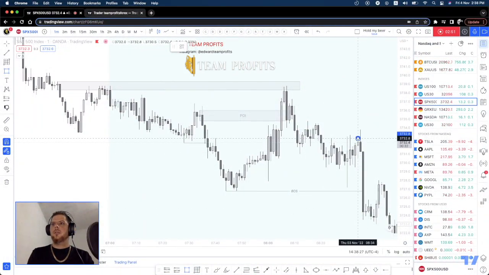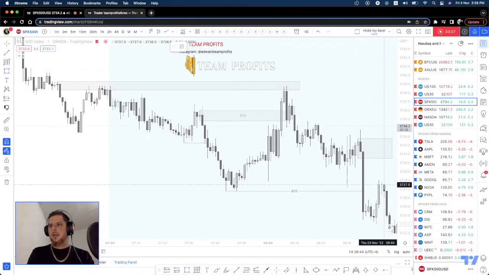So right here, there are plenty of ways. Different people draw it different ways. You can draw the order block here from this candle, or take the order block from this candle, right? Let's say you took it that way. On that drop, you see we had the drop, but there's no inducement happening here.